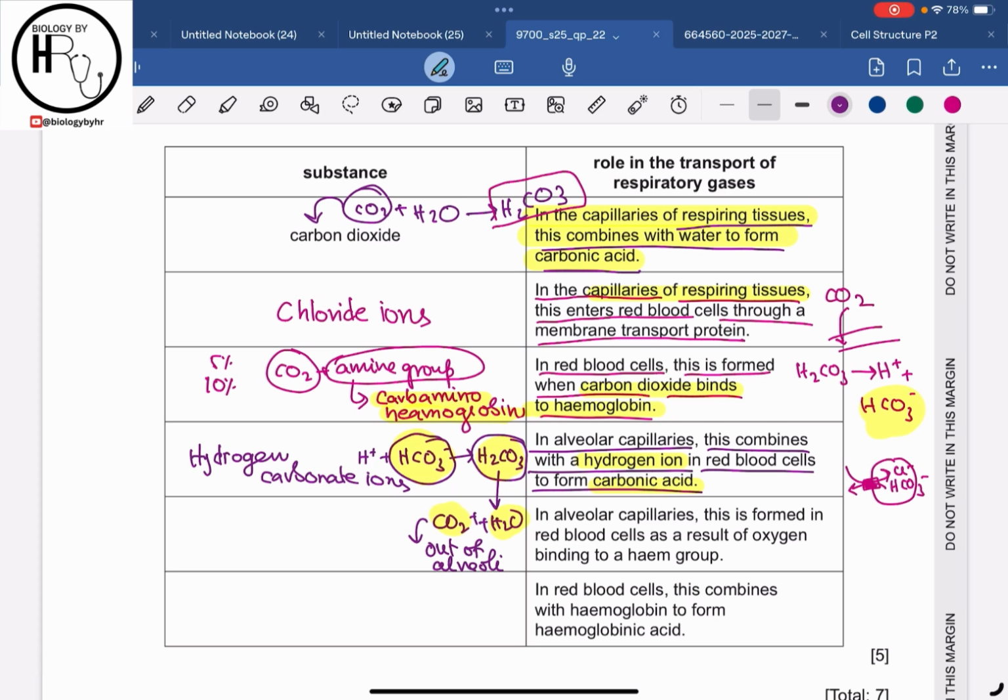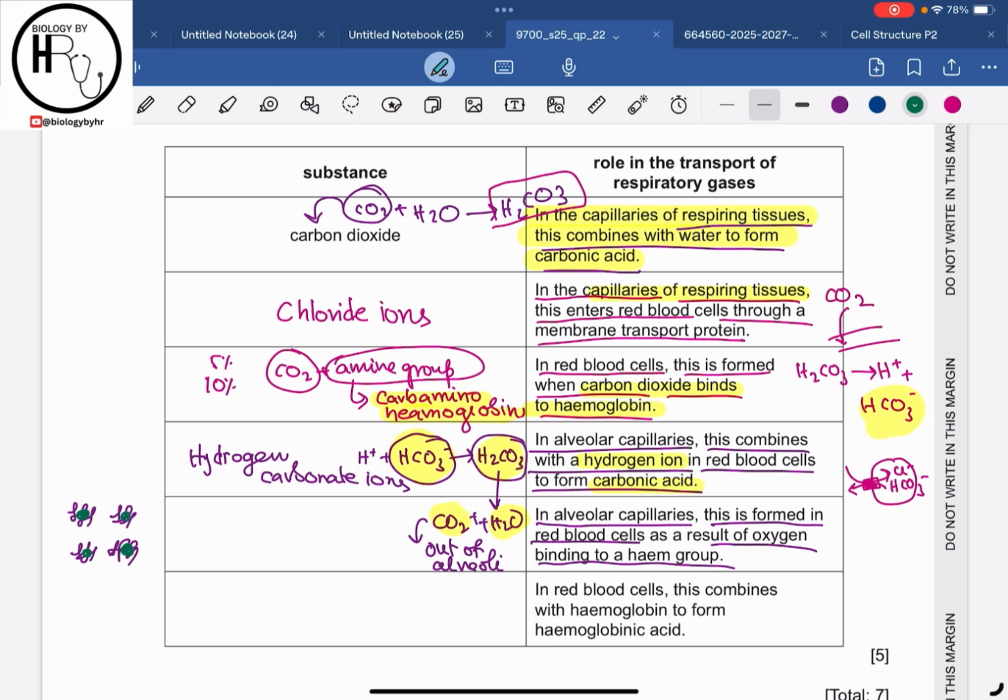The next row over here is saying that in the alveolar capillaries, this is formed in the red blood cell as a result of oxygen binding to the heme group of the hemoglobin. So we know that there are 4 polypeptide chains in the hemoglobin, right? And there is a central heme group which contains the iron Fe plus 2.